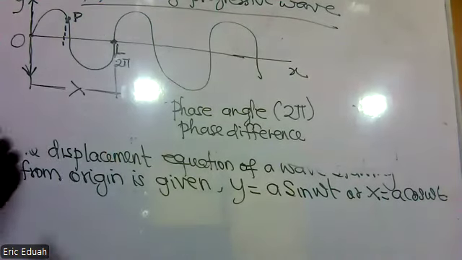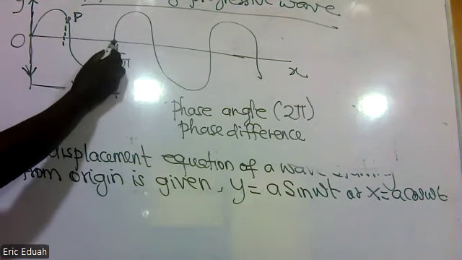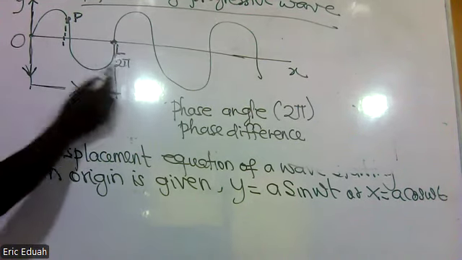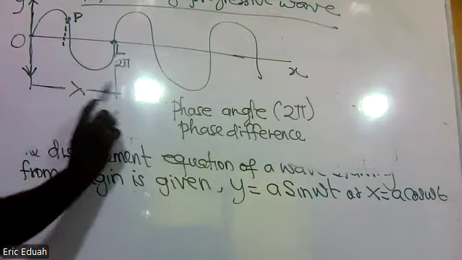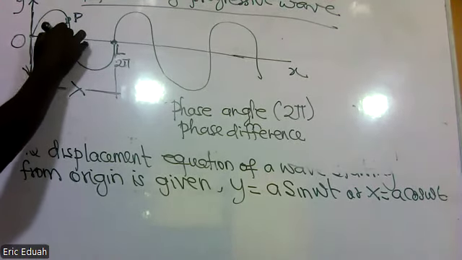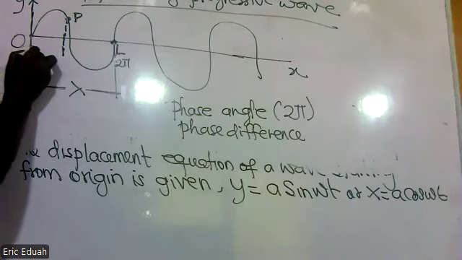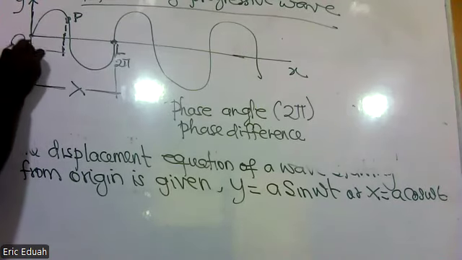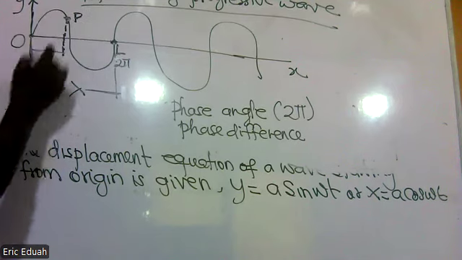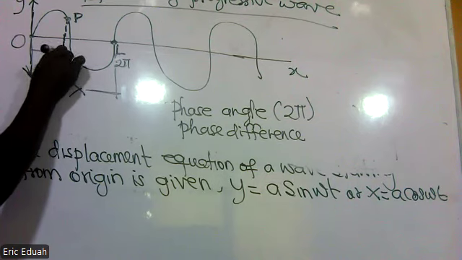Now, the phase difference between the point L and the origin is 2 pi. So the phase difference is 2 pi. Now look at this vibrating particle P. We don't know the angle between the origin and the point P, so let's call this by a symbol phi.